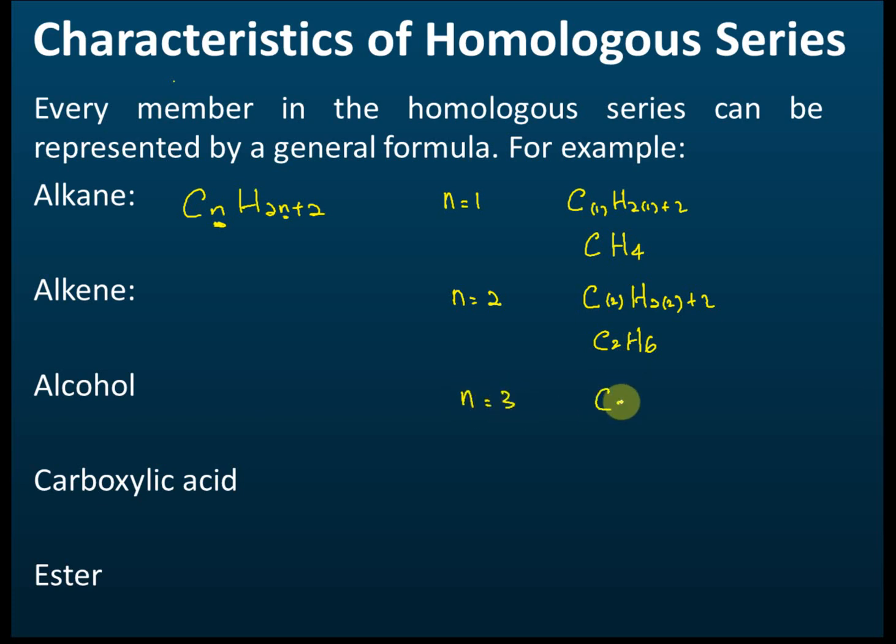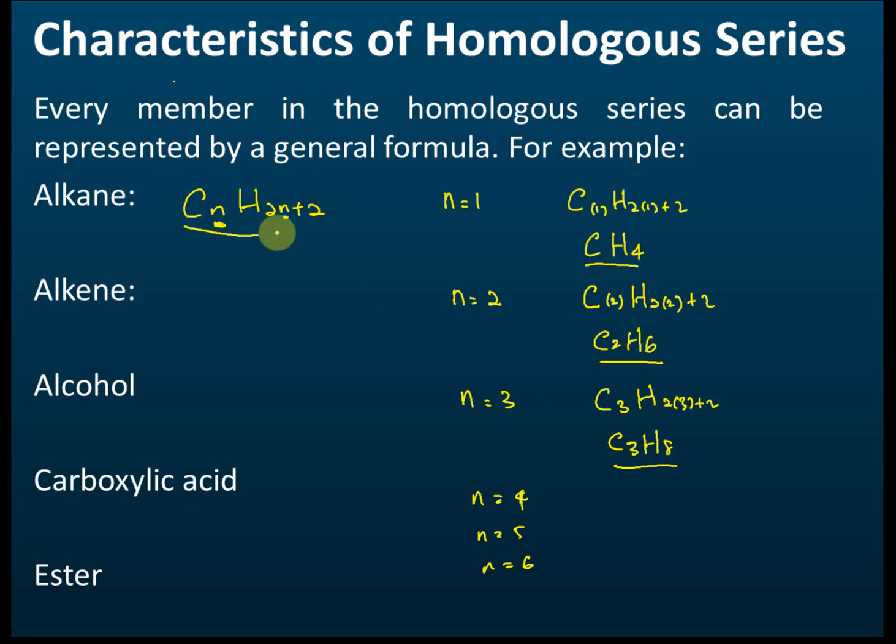Then we have C3, H 2 times 3 plus 2, so the molecular formula is C3H8, and so on. n equals 4, n equals 5, n equals 6, and so on. Each alkane has a different molecular formula, CH4, C2H6, C3H8, but we have a general formula.